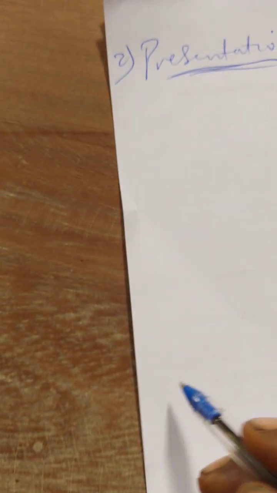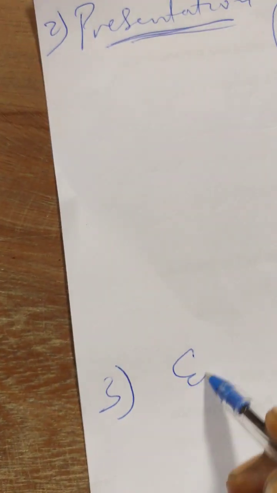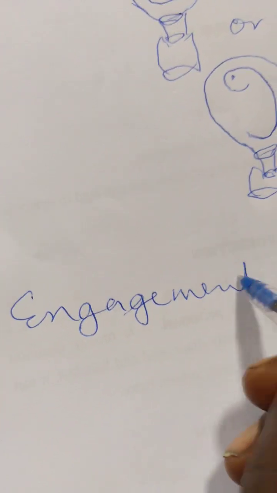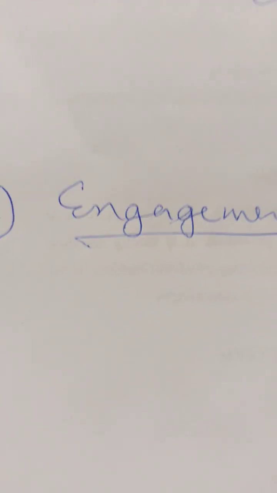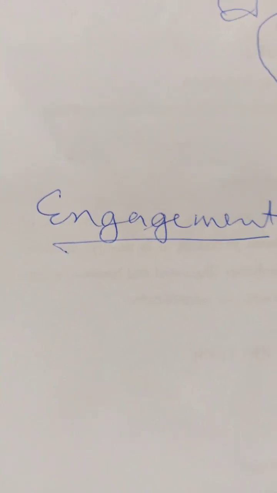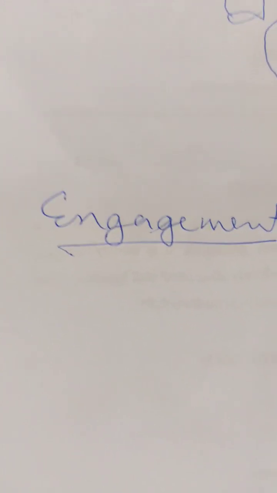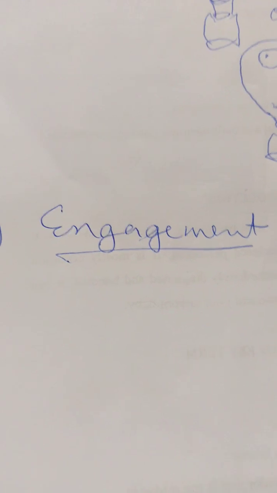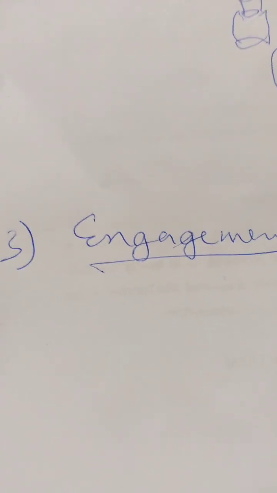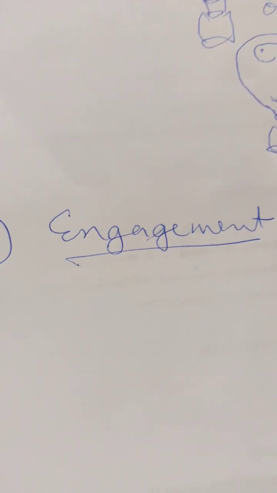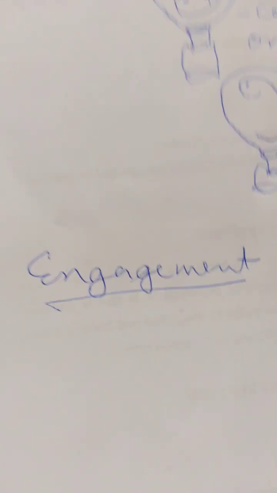Now, engagement. What then do we refer to as engagement? This is a situation where the largest diameter of the presenting part has entered into the pelvic cavity, such that when you palpate the abdomen of the woman, the lower part of the uterus is firm and fixed, so it doesn't ballot.